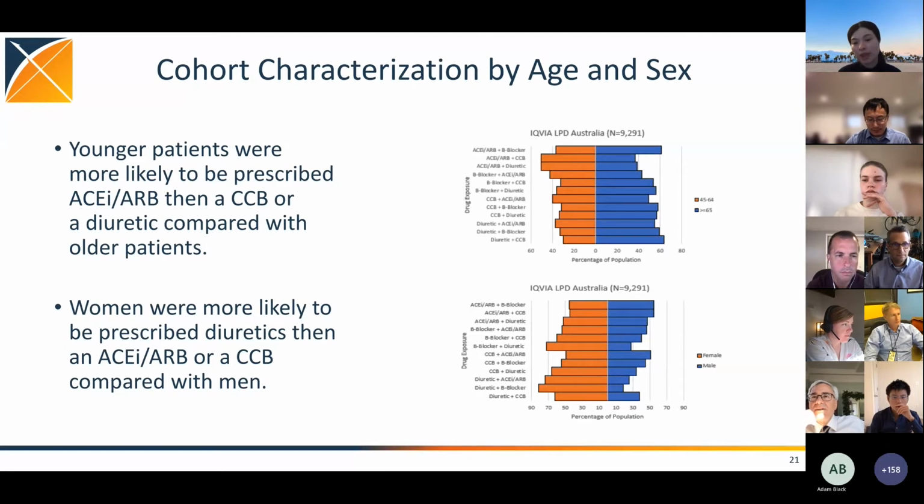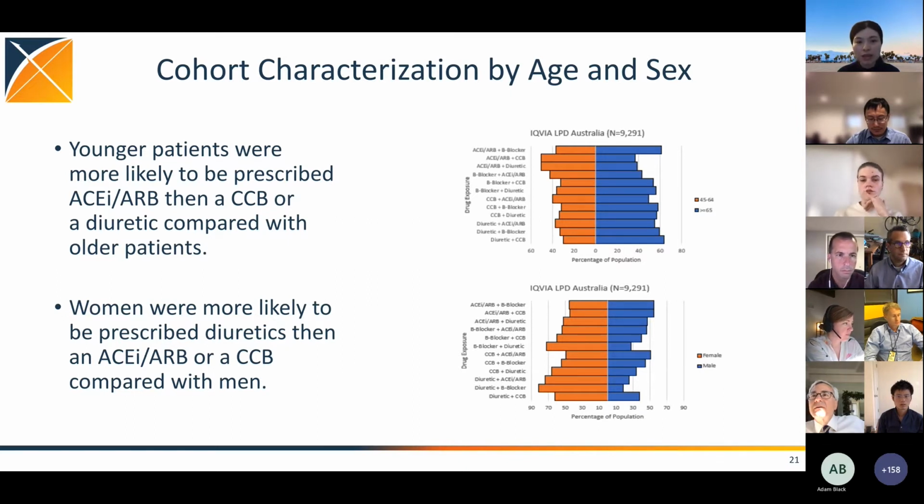We also found heterogeneities in treatment utilization by age and sex. Here I use the IQVIA Australian database as an example. The first figure on the right-hand side shows different age distributions. The yellow color shows age 45 to 64 years old, whereas the blue color shows age 65 and older.